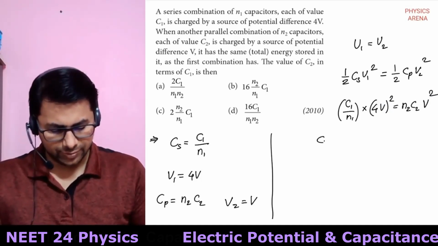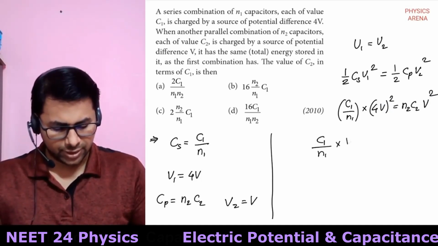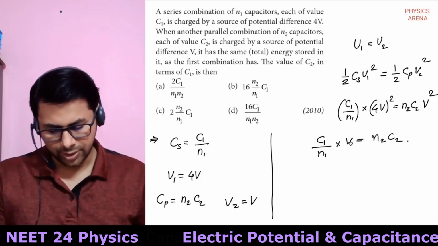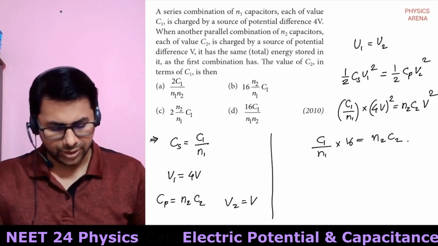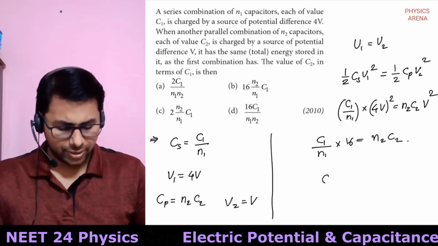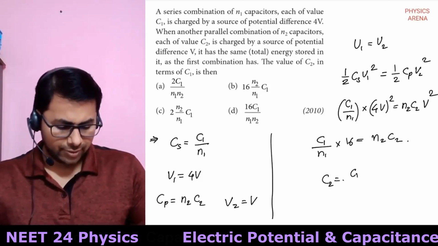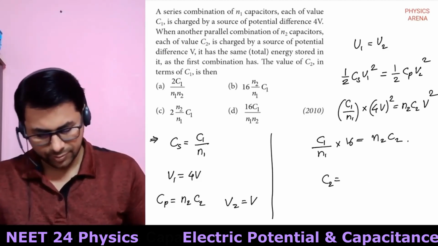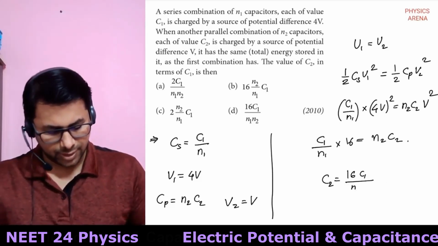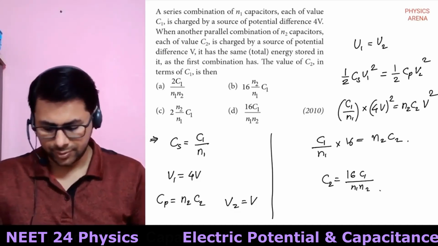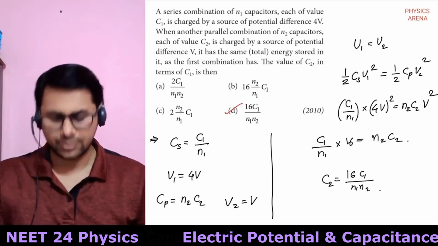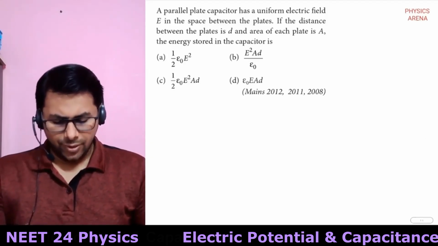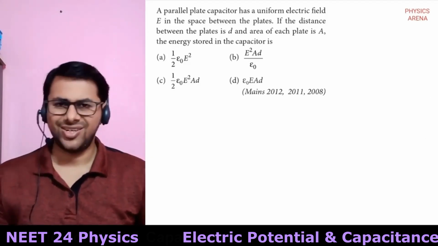So you have C1 upon N1 into 16 is equal to N2C2. The value of C2 in terms of C1 is, take N2 on other side. You get C2 equals to 16 C1 upon N2 squared, or C1 divided by N1 times N2, multiplied by 16. Right, so this is simple. There was nothing in that question, right?